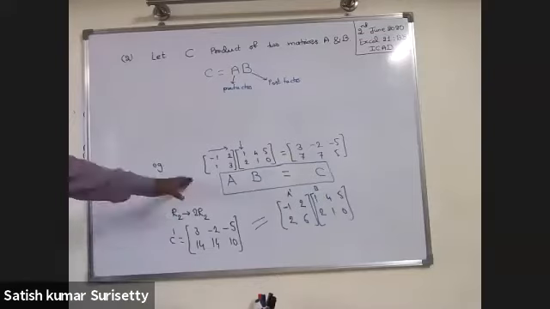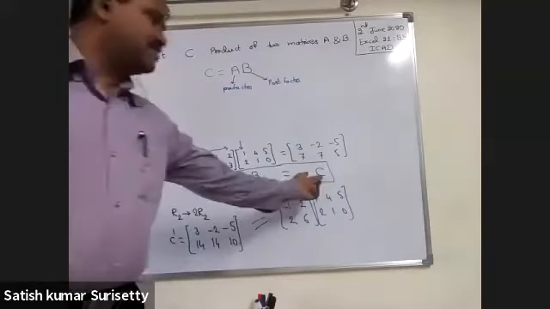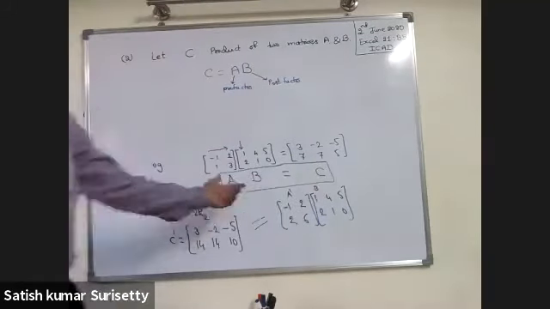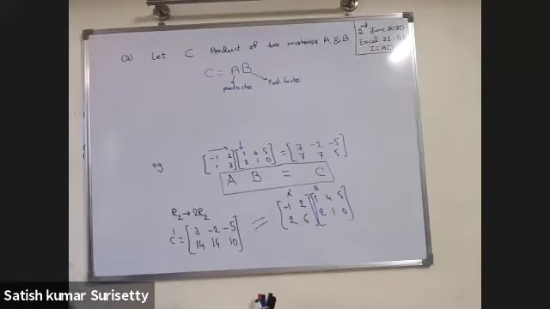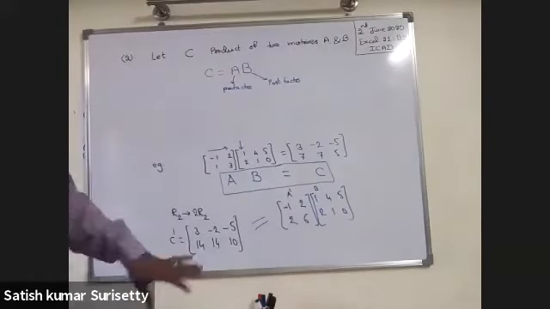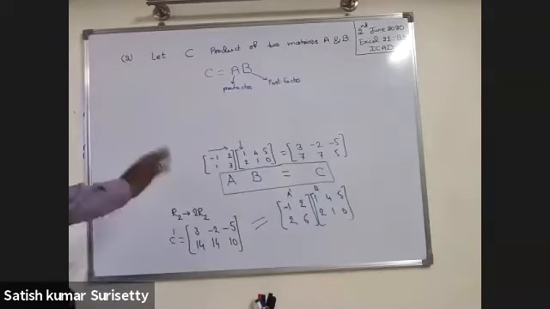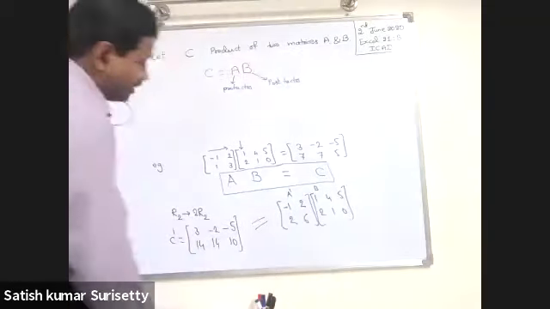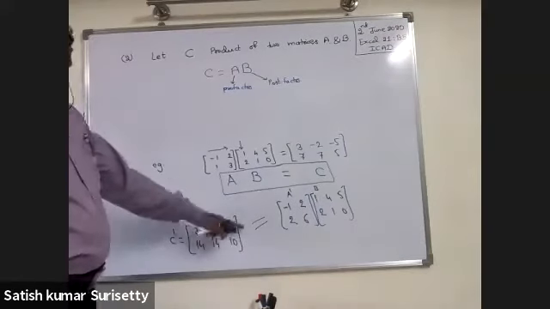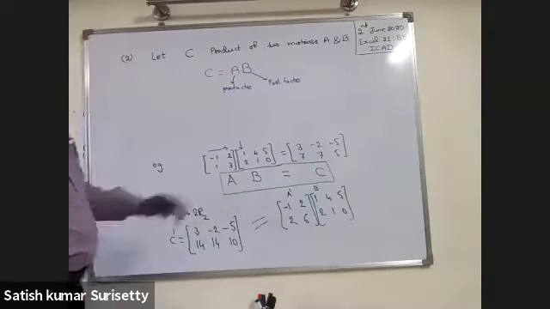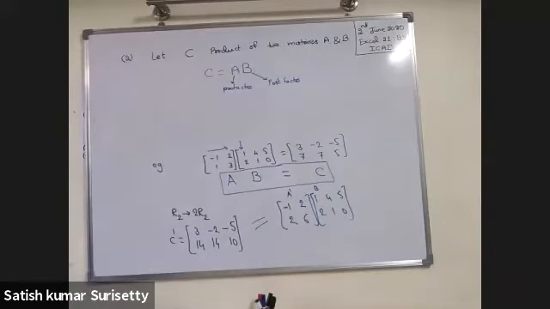Whatever operation you do on C, the same operation you have to apply. If it is a row operation, apply it on the prefactor. If it is a column operation, apply it on the post factor. You can apply more than one, but continuously modify.